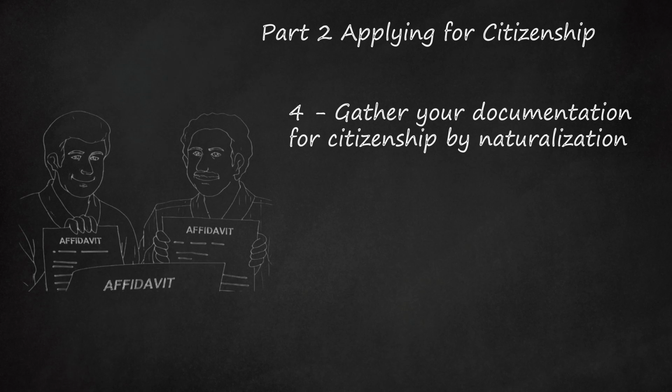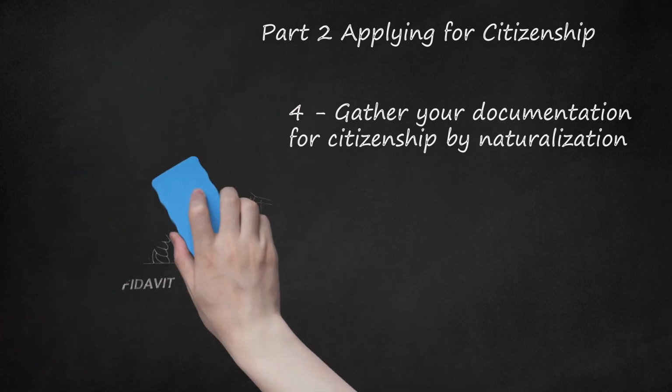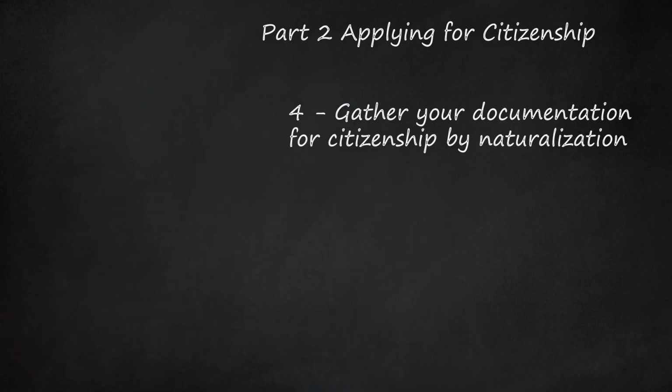In addition, you'll also need to show you know at least one of India's languages, proven with 2 language certificates. Finally, you need to provide proof that you made your intentions of applying for citizenship known through the newspaper. You'll need at least 2 newspaper clippings from your district. The fee for this application is 1,500 rupees.